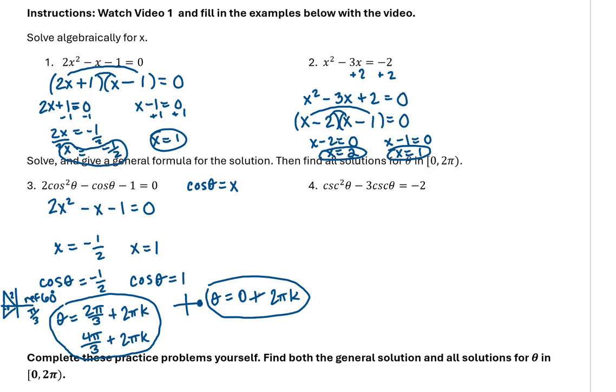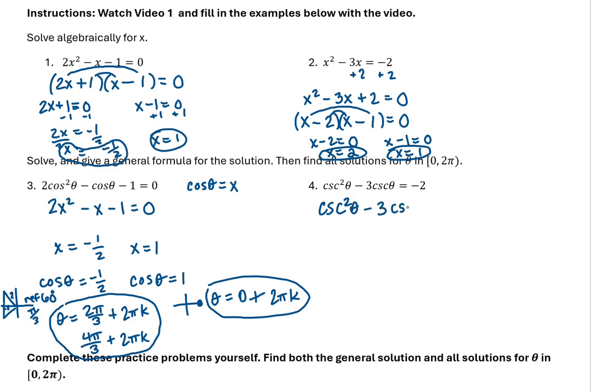All right. So for number 4, you'll notice that this one is set up a lot like number 2 in that I have the squared term minus 3 times the single variable equals -2. Now, if I don't want to translate these into x, I certainly don't have to. I can factor with cosecant theta as my variable.